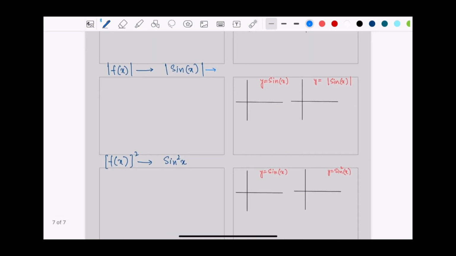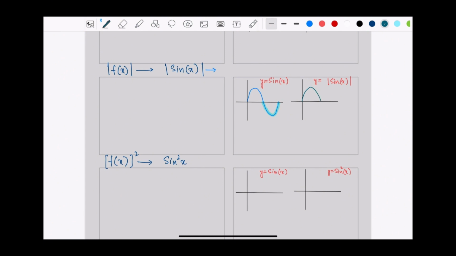So the absolute value converts all the negative values into positive. As you can see, this is by default our function, and this here is the negative of it, which means the function has negative y. So this reflects and may look like this.